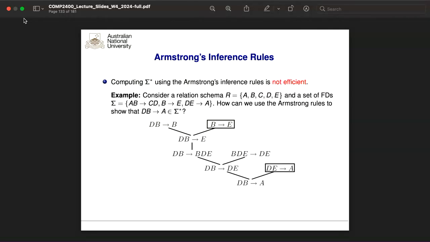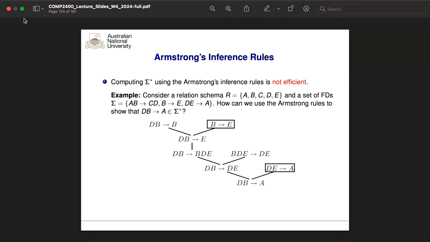This is one example. For example, we have a relation schema ABCDE. Then we also have some functional dependencies. If we are asked whether DB determines A is implied by sigma, that's difficult, because we have to think about how we can prove that.